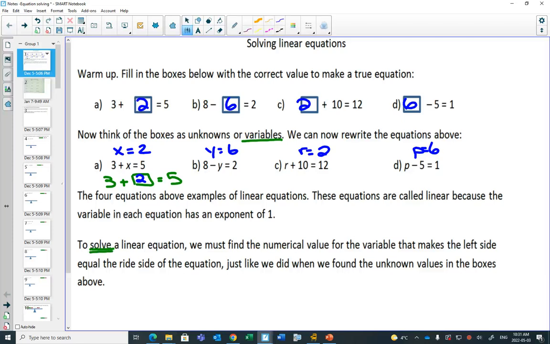Here's an important word. Solve. Okay? These are linear equations, and we're going to be asked to solve for those linear equations. In other words, we want to find out what the variable is equal to. That's what it means when we're solving.